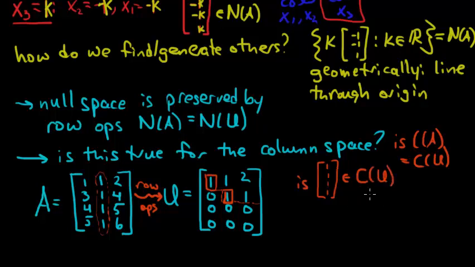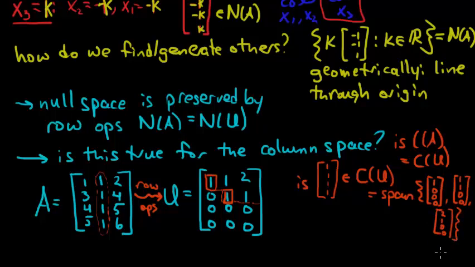And remember, the column space of U is the set of all possible linear combinations, or the span, of its columns. So we have 1, 0, 0, 0; 1, 1, 0, 0; and 2, 1, 0, 0. So is 1, 1, 1, 1 in the column space of U?